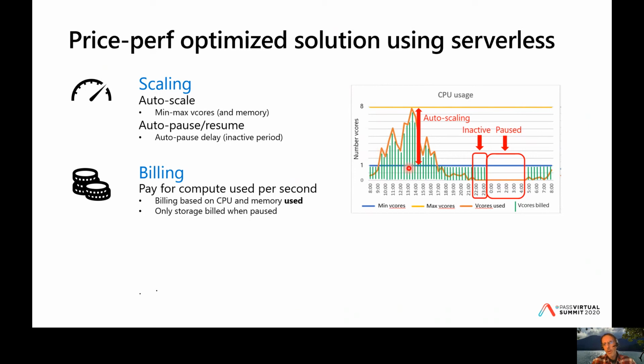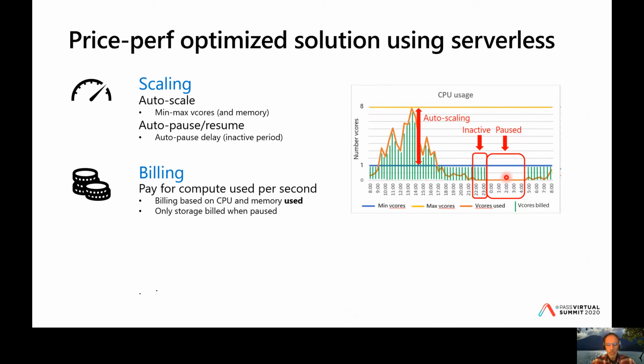But as you move later in the day, say around the hour of 5 in the afternoon, all the way through the end of that day, the usage on the database drops below that minimum amount of compute, but that minimum amount of compute is still billed. And that's true until the database in this example transitions through an idle period for an hour that was configurable in terms of the auto pause delay by the customer, at which point it enters the pause state and that compute is no longer charged.